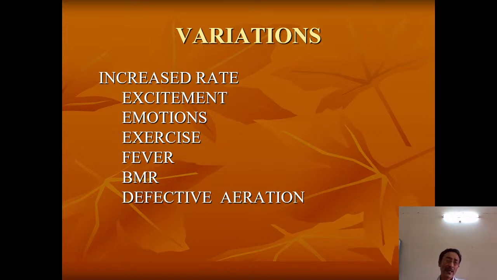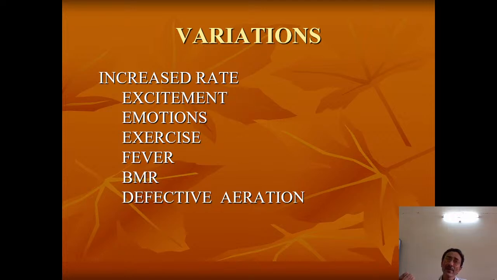Similarly, BMR. Whenever there is an increased BMR, you will find the respiratory rate is increased. And what is BMR? BMR is basal metabolic rate. When the basal metabolic rate is increased, that means the rate of metabolism of all the cells in the body is increased, that means the oxygen requirement is increased.